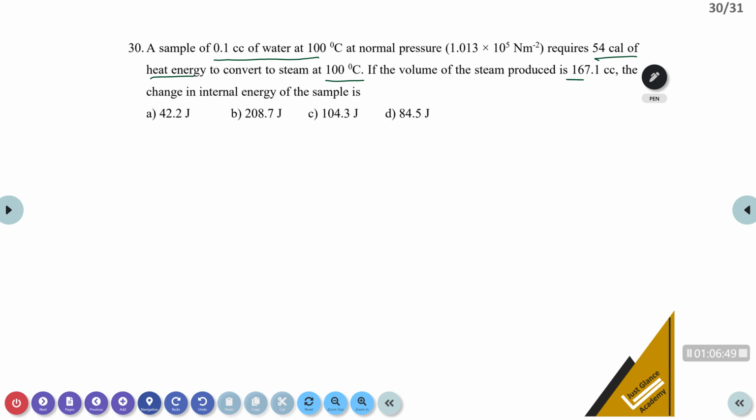If the volume of the steam produced is 167.1 cc, it is temperature remains constant, that means it should be an isothermal process. Work done equals P dV. Work done equals 1.013 into 10 to the power 5 into V2 minus V1.